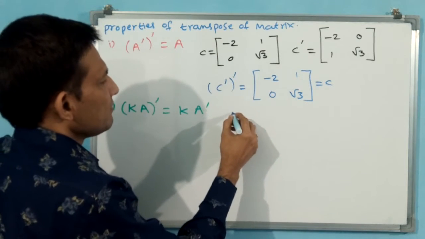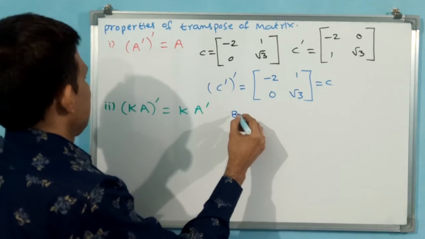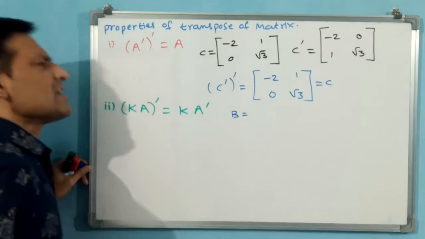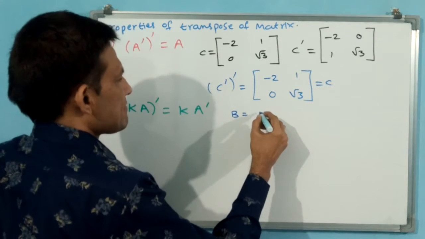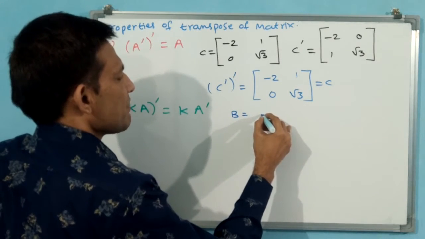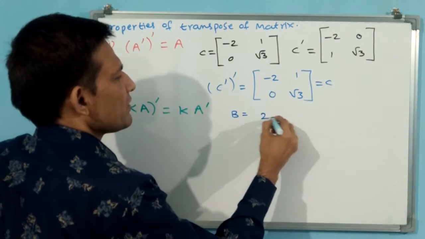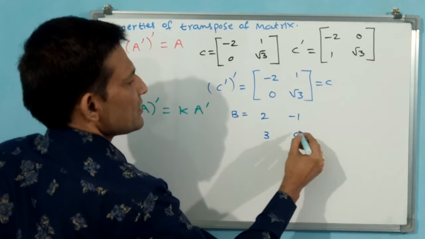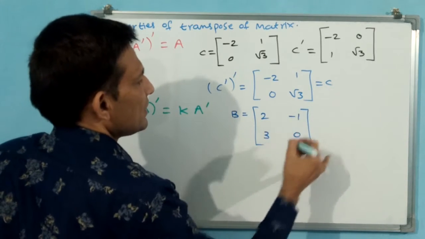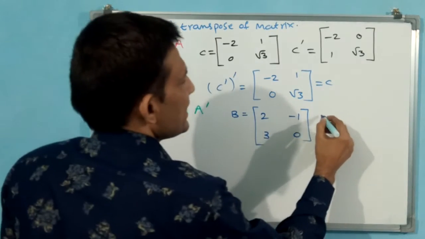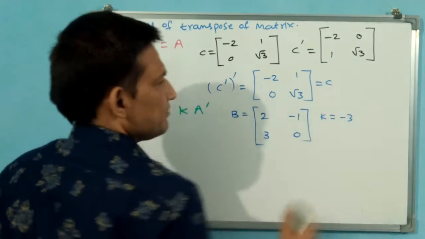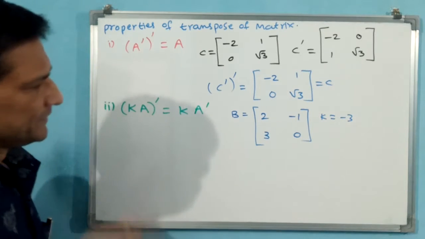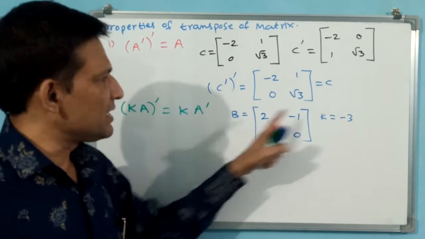I am taking this as B. You take another example: 2, minus 1, 3, 0. This you have taken as B, and let K is equal to minus 3. Okay, now you have got matrix B and K.